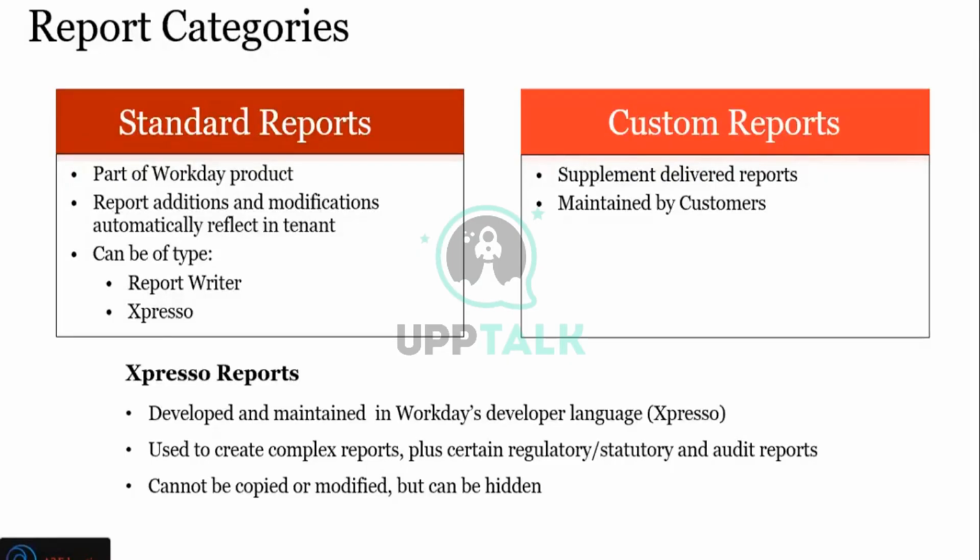Workday has two types of reports. The first one is the standard reports. What are standard reports? These are basically the Workday delivered reports. When you create your basic foundation tenant and start with your configuration, these standard reports are loaded as part of your Workday reporting inventory.